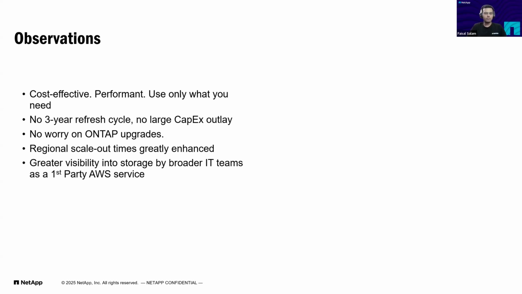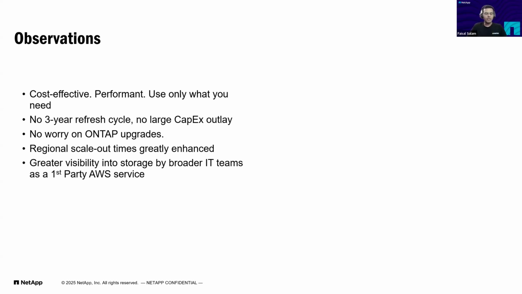Otherwise, a lot of time would be taken up to plan for and execute the ONTAP upgrades, like we see with on-premises or even CVO for that matter. We're able to scale up file systems without any disruption whatsoever. And we can also destroy these file systems if they're not in use.